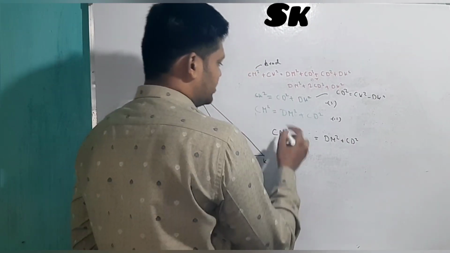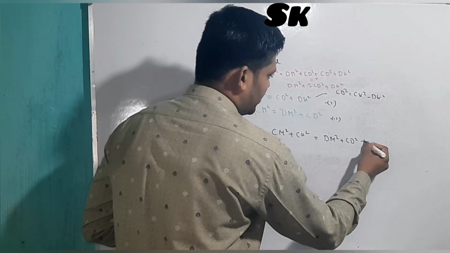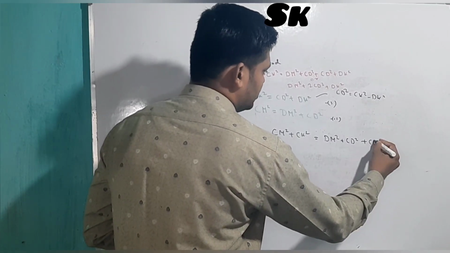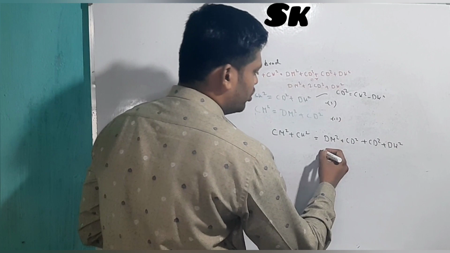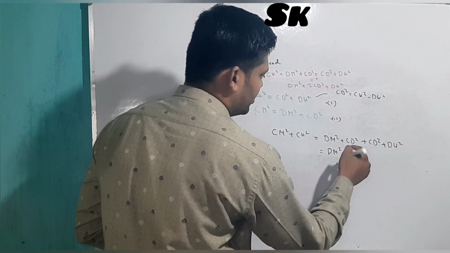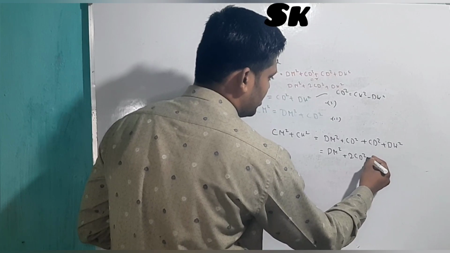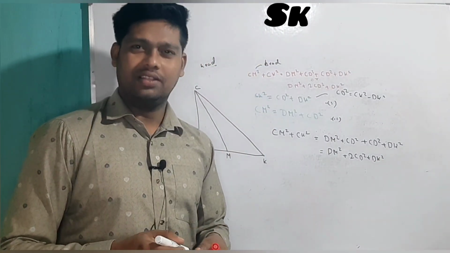Okay, now plus CK square, you write CK square, same, plus here also, plus CK square values, this whole thing, CD square plus DK square. Proved. Or you can write DM square, CD square plus CD square, one is there, so it will be 2CD square and DK square. It can be like this also.